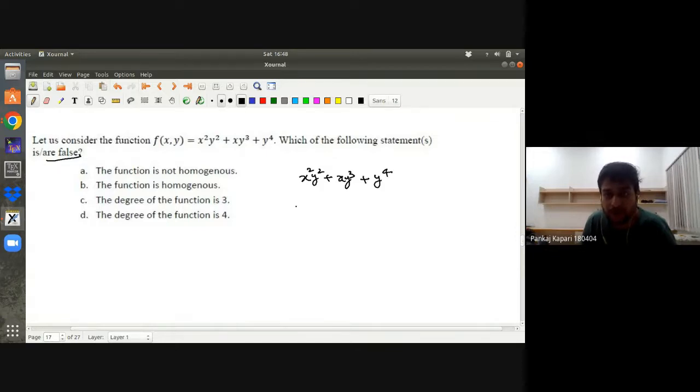Okay, what we will do is divide the whole expression by x to the power 4.